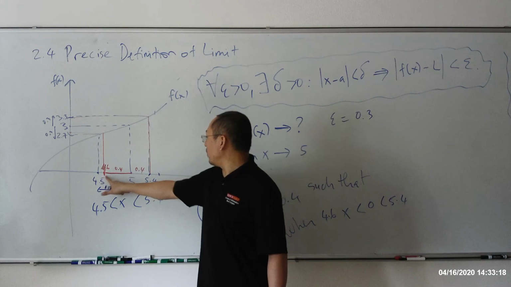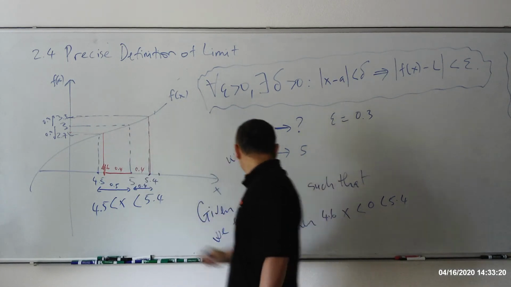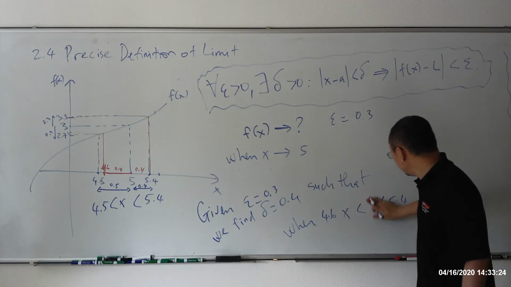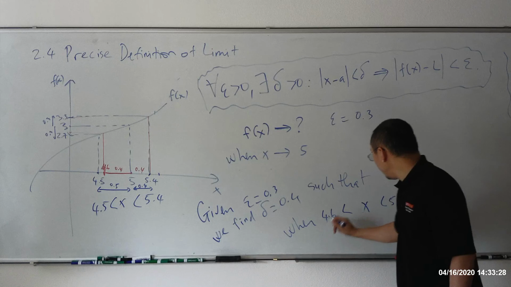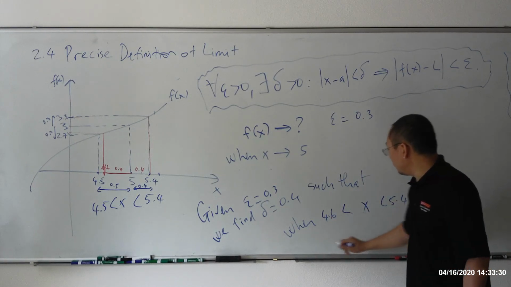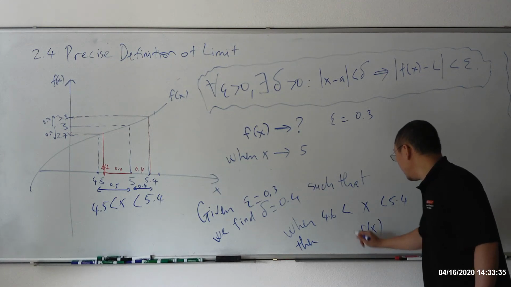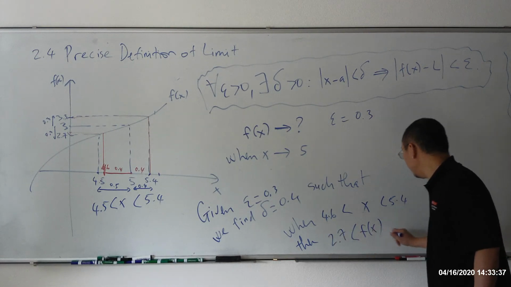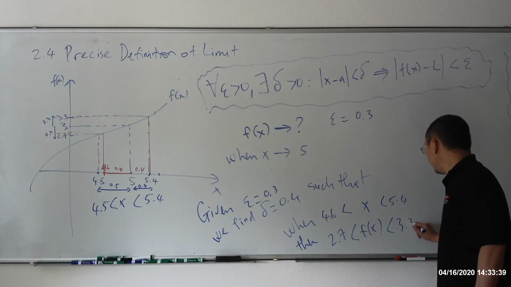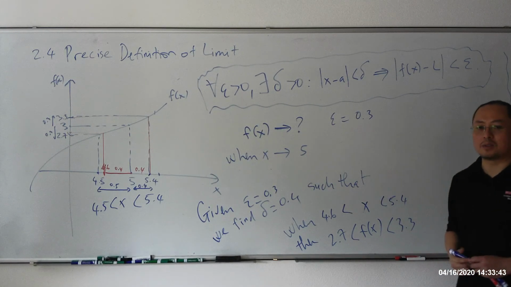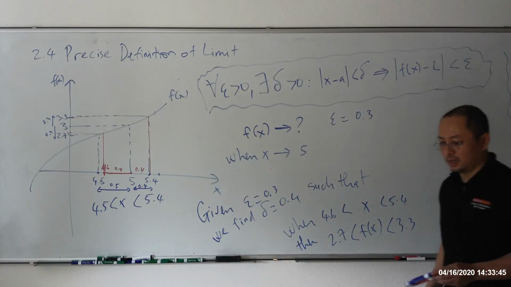When x is between 4.6 to 5.4, then for sure f of x is going to be somewhere between 2.7 to 3.3. Okay, and they satisfy the condition that epsilon is 0.3. That was the idea.